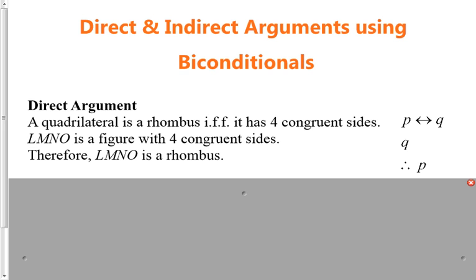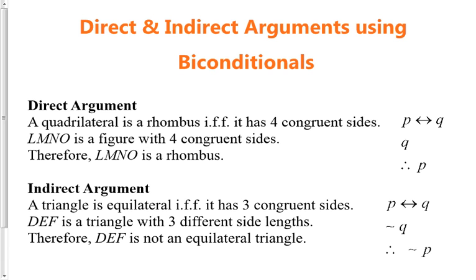So in this case, P if and only if Q was true, therefore we can conclude P. We also could rewrite this argument, P if and only if Q, therefore P is true, therefore Q. It's all based on the fact that the biconditional works both ways.